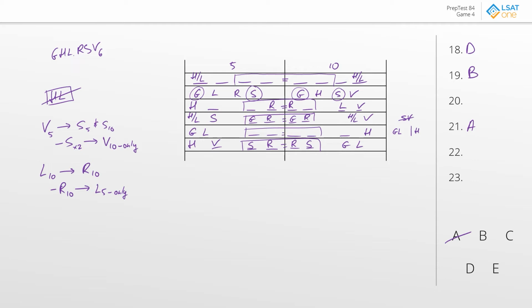Next, R offers 5-year bonds. Does R have to do the 5-year bonds? Well, in this scenario, R is definitely doing 5-year bonds, but in this scenario, couldn't we place the R over here, and then we said we could have V and S be the doubles? This doesn't seem like it would have to be true, so answer choice B is out. Next, C, R offers 10-year bonds. Does that have to be true?